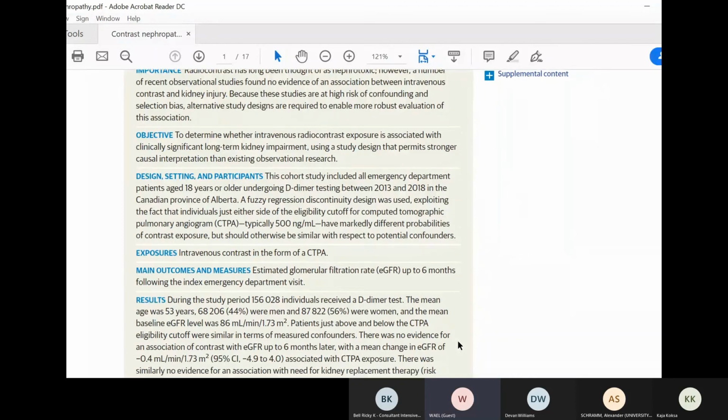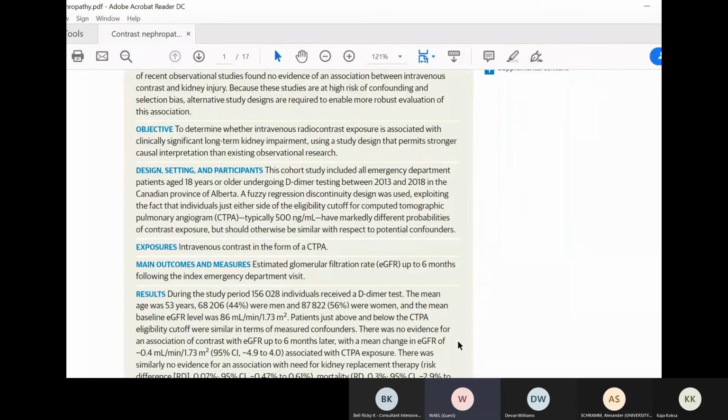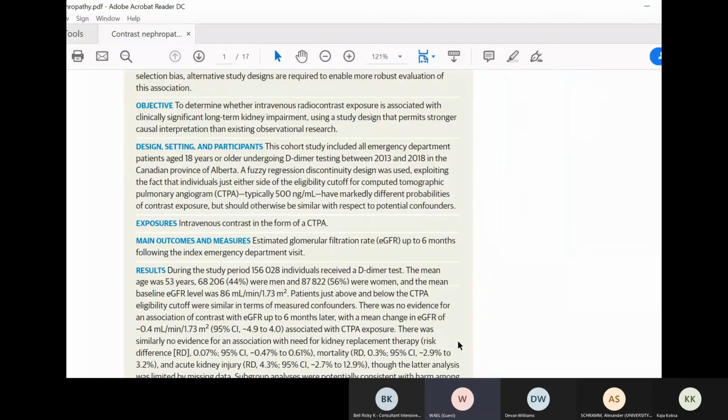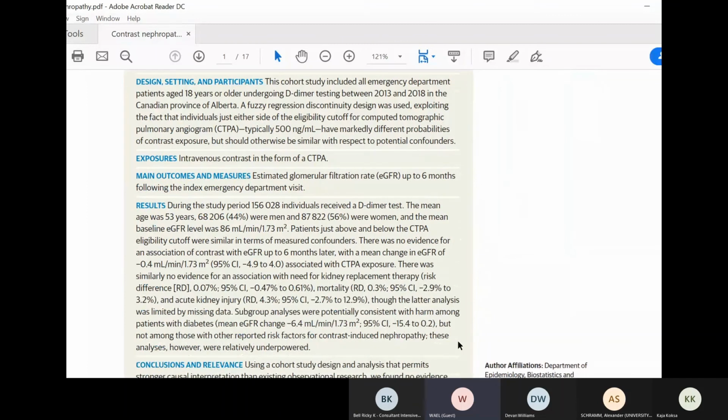So the result of the study was that for those 156,000 patients or individuals with D-dimer positive, the mean age was 53 years, 44% of them were men and 56% were women.